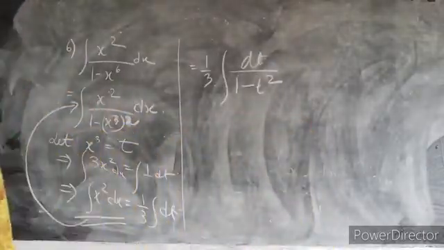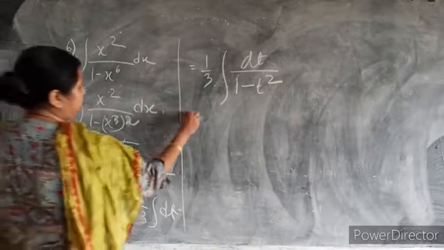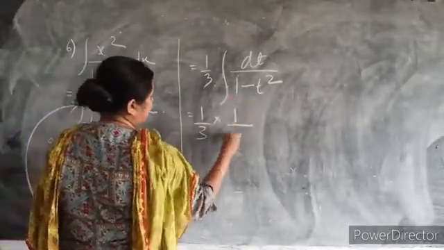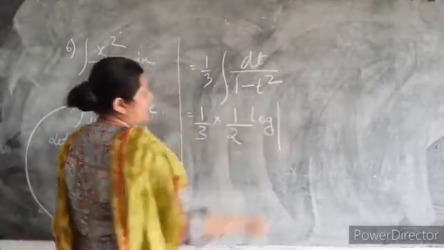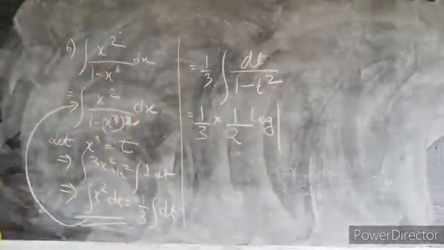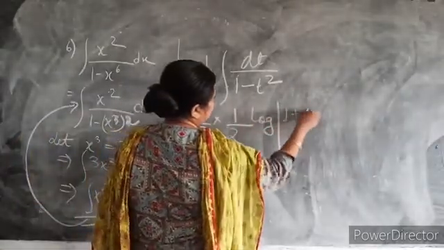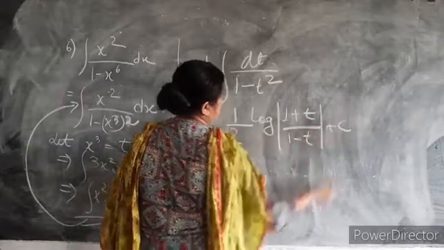This comes under the formula a square minus x square. As we all know, the formula is 1 upon twice a, and since a is 1, 1 by 2 log of 1 plus t divided by 1 minus t plus c.